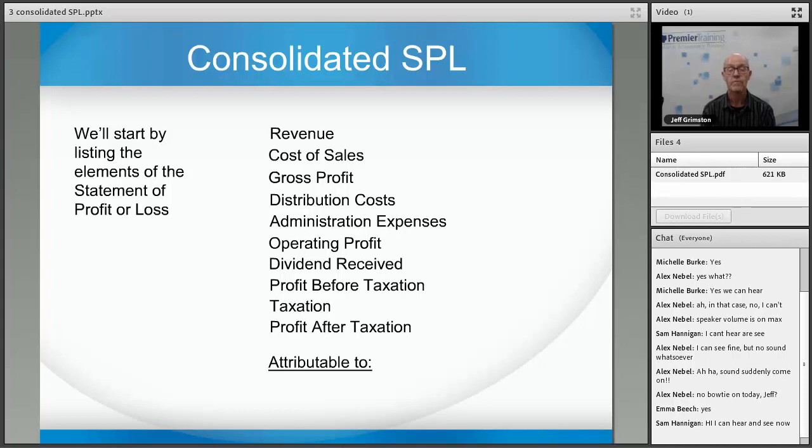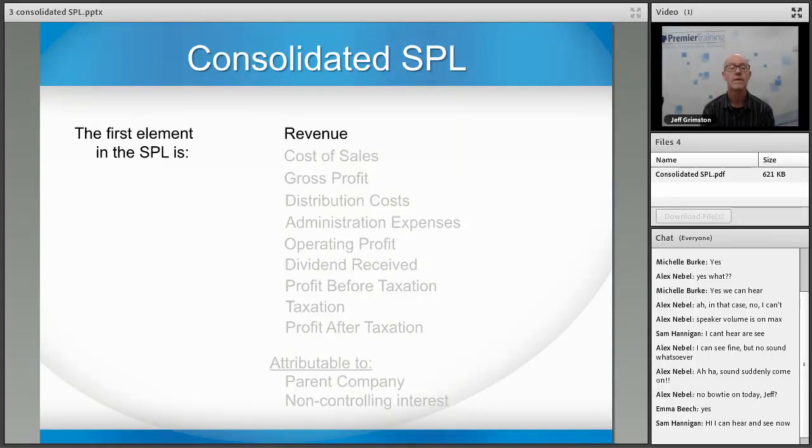And with consolidated accounts, we then have to split that into how much is attributable to the parent company and how much goes to the non-controlling interest, who are, of course, the other shareholders, the minority shareholders in the subsidiary company that has been bought.